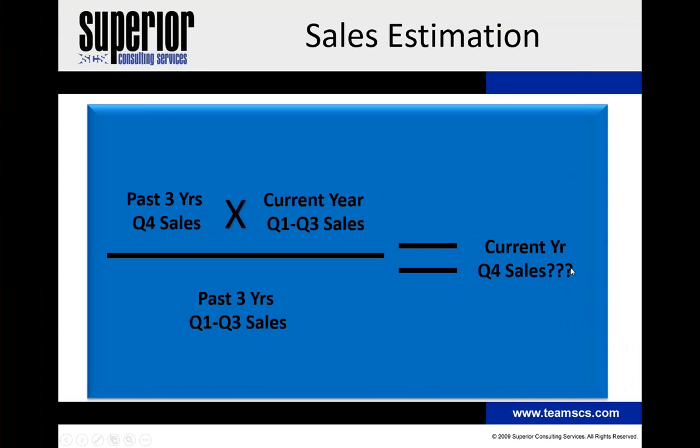Again, if we solve that, we're going to take the past 3 years Q4 sales times the current year Q1 through 3 sales, divide that by the past 3 years Q1 through Q3 sales, and that will give us an estimate of the current year Q4 sales based on performance over the last 3 years.